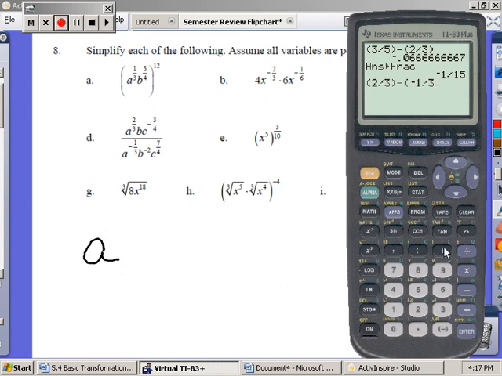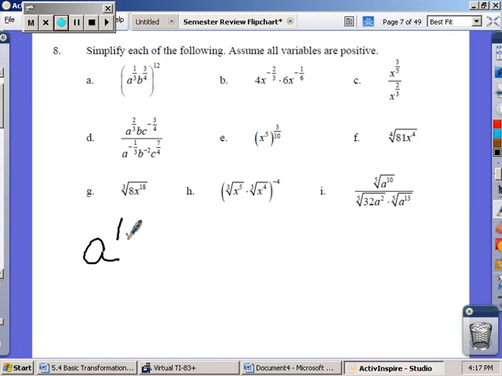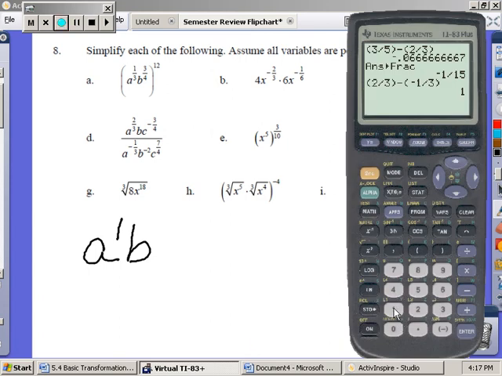Did you notice I used the negative sign for negative 1/3 and I still subtract it because it's division, and I get 1, so a to the 1st. I'm going to subtract 1 minus a negative 2 for the exponent on B, and I get 3.